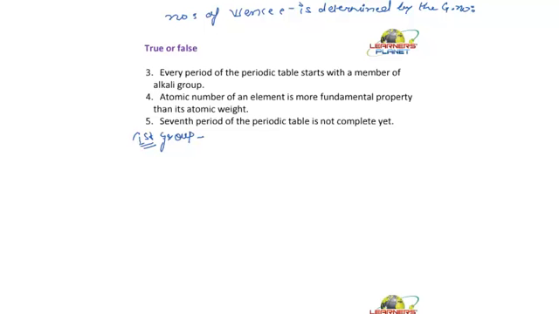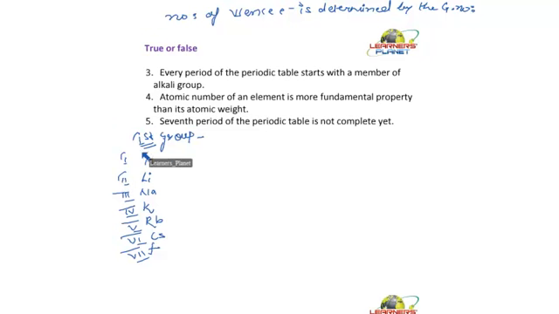They are hydrogen, lithium, sodium, potassium, rubidium, cesium, and francium. Now, this is your first period, the second period, third period, fourth period, fifth period, sixth period, and seventh period.